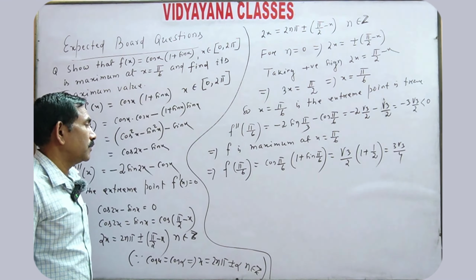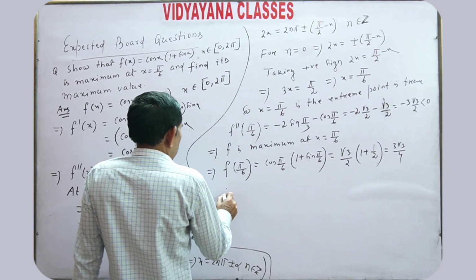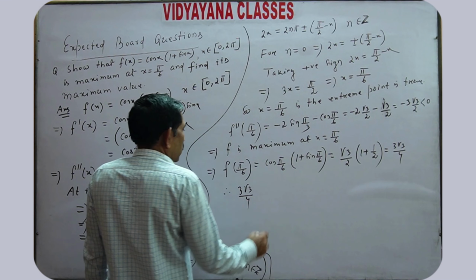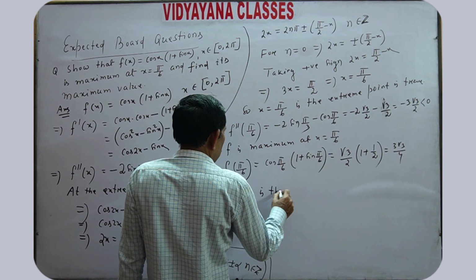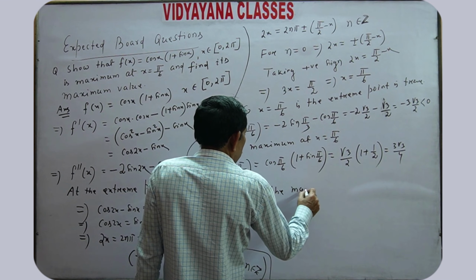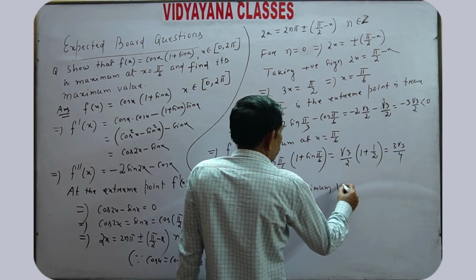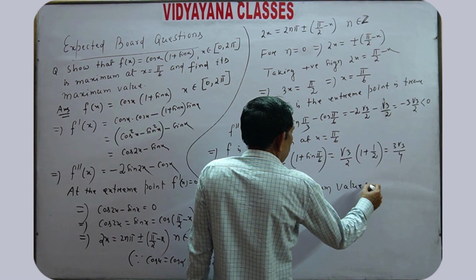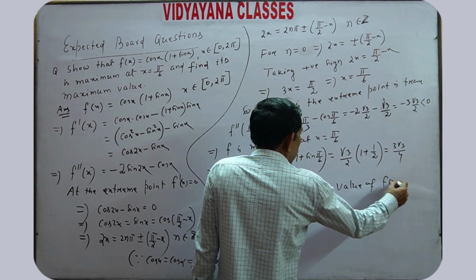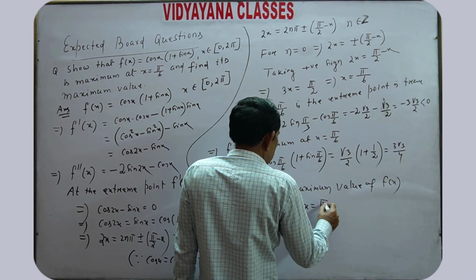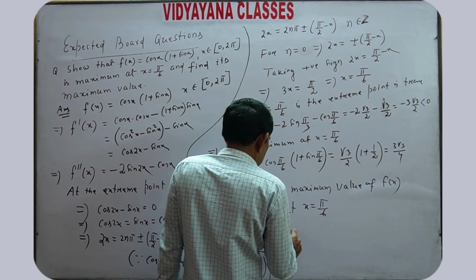Clear? Therefore, 3 root 3 by 4 is the maximum value of f(x) at x equal to pi by 6, hence proved.